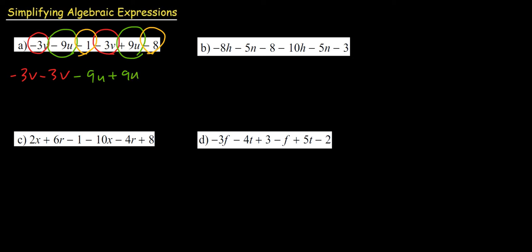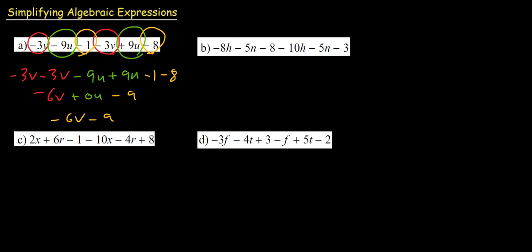And we've got negative 1, negative 8. So here we're just left with negative 6v. Here we are left with 0u. And here we are left with negative 9, which is the same as negative 6v, negative 9. Okay, so see if you can pause the video and do B, C, and D.